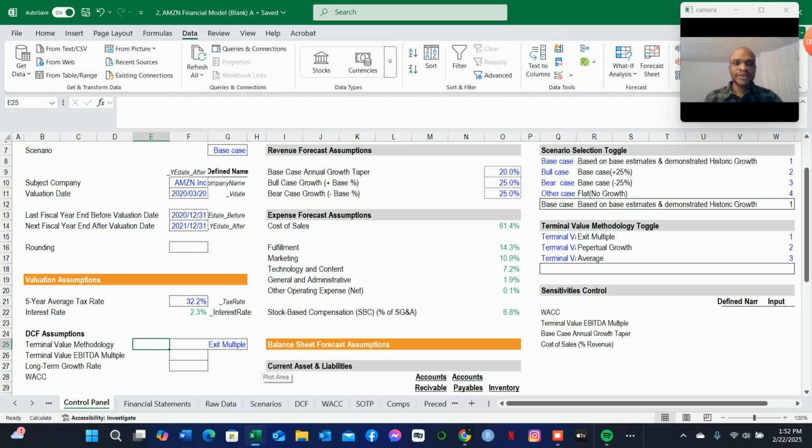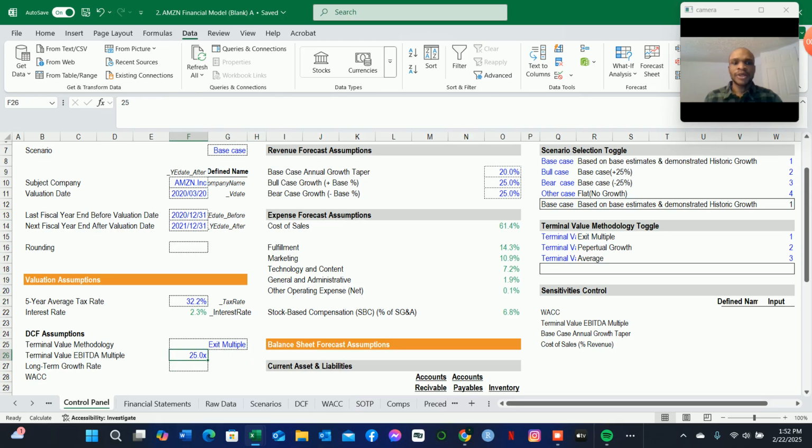So having that set up, the next thing we want to do is clearly make an assumption for the terminal value EBITDA multiple. In this case, the stockholder or the shareholder will want to sell the shares at the end of the projected period or at the end of the terminal year.